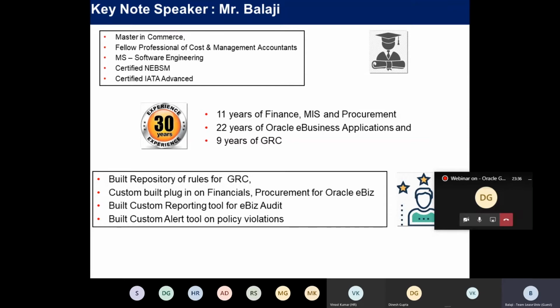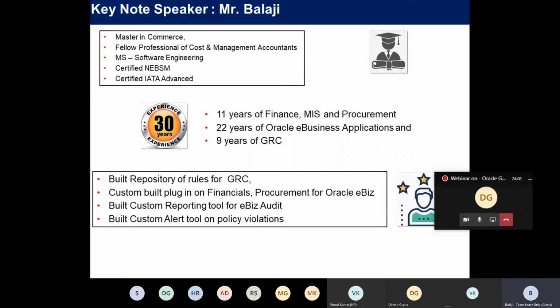So GRC definitely was a must in those days, in 2006-7. That is where Oracle started bringing GRC into its applications. We can discuss what Oracle GRC has, specifically with respect to Oracle applications, as well as how custom applications can also be integrated to GRC.